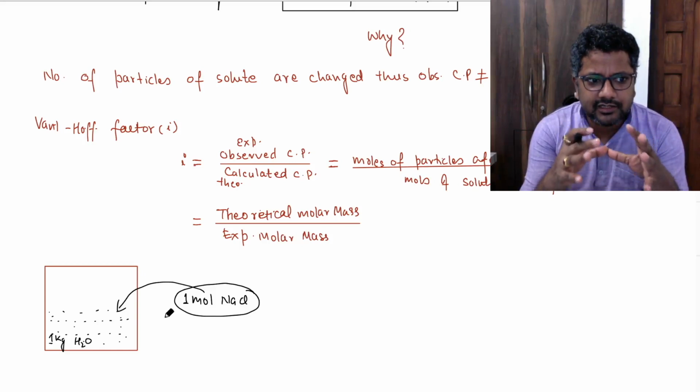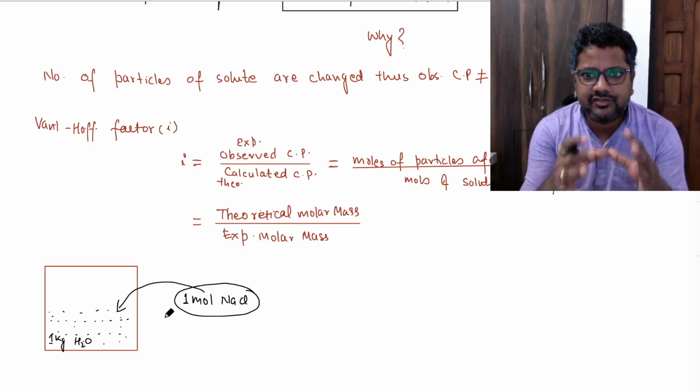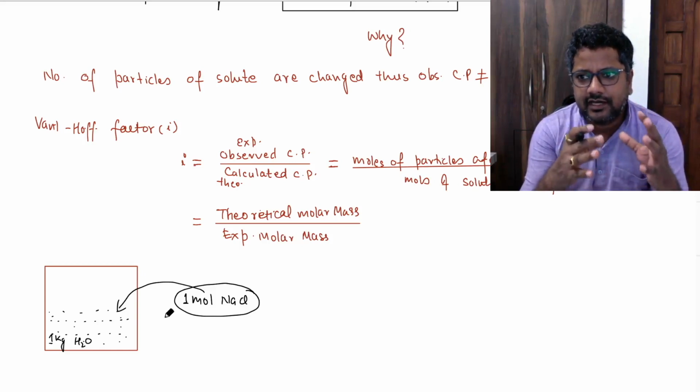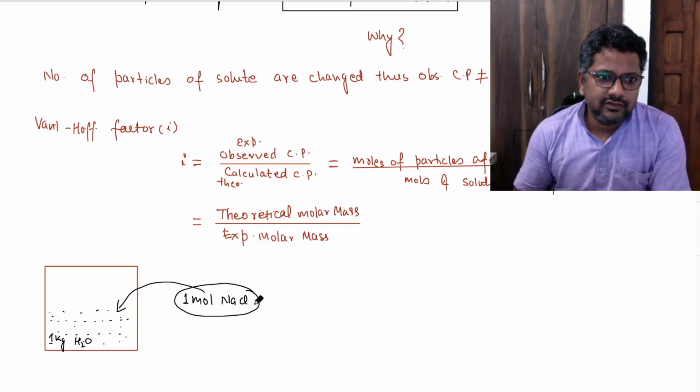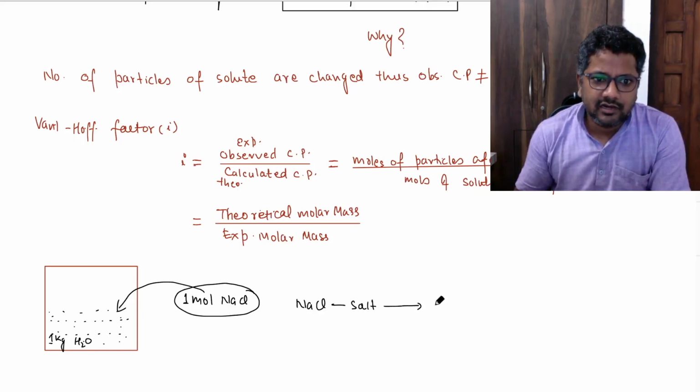If you do not have sound chemistry skills, then you have difficulty calculating such types of questions. You know what this sodium chloride is? Sodium chloride is a salt. And remember my words, salt is always a strong electrolyte.